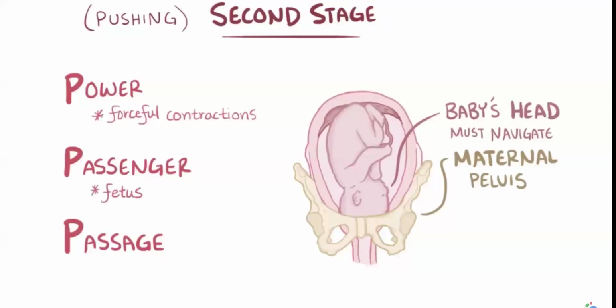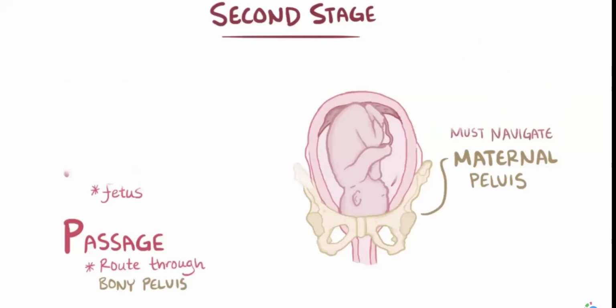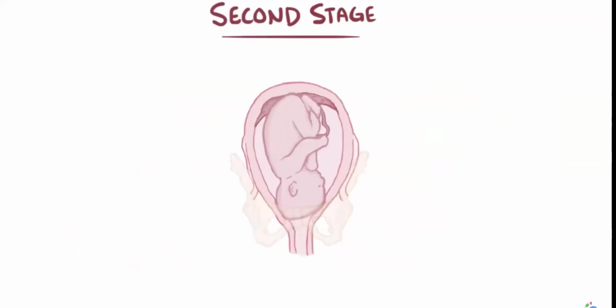Passenger refers to the fetus, and passage refers to the route that the fetus has to travel through the bony pelvis. In fact, the relationship between the baby's head and the bony pelvis is so critical that human babies have evolved with unfused skulls, just so their head can be as large as possible and still successfully and safely make that passage through the pelvis into the world.